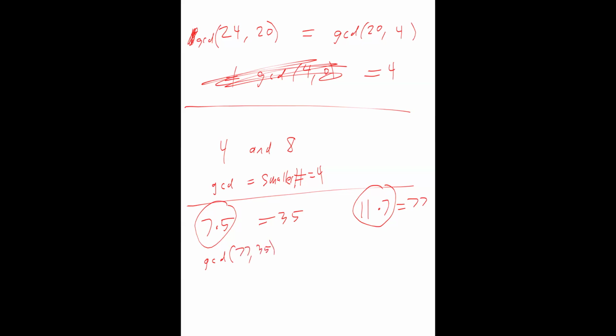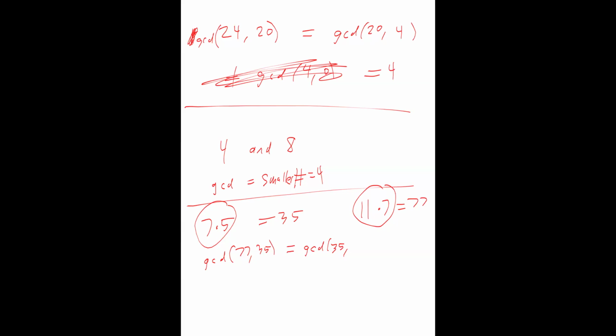So the GCD of 77 and 35 is the same as the GCD of 35 and something smaller than 77. How do we replace the 77? You replace it with the remainder if you divided 35 into 77. Remember, you replace the bigger number of the pair of numbers you're trying to find the GCD of with the remainder of dividing the bigger number by the smaller number.